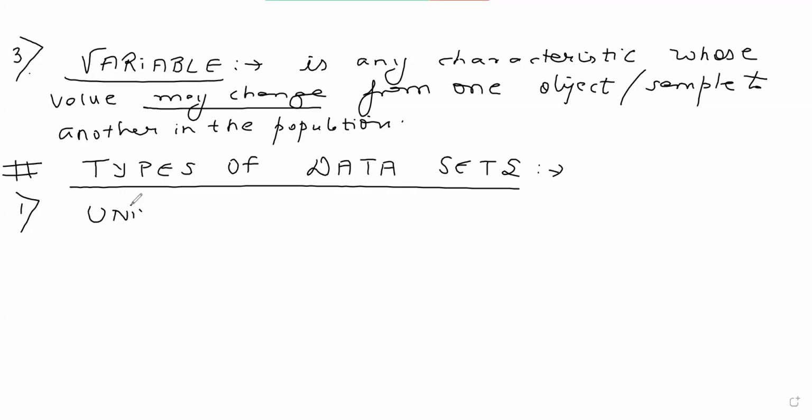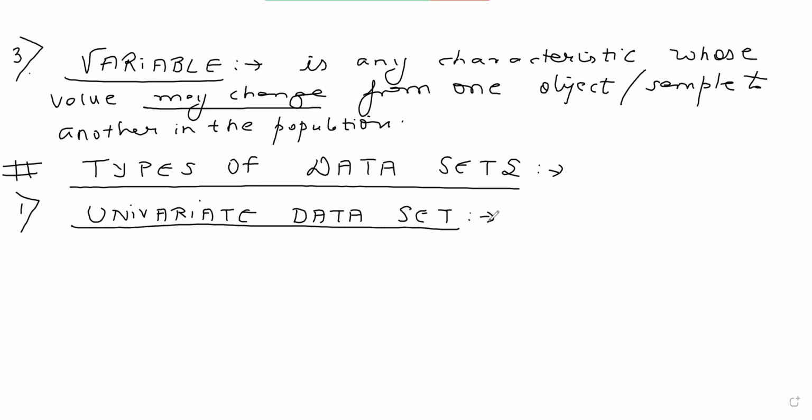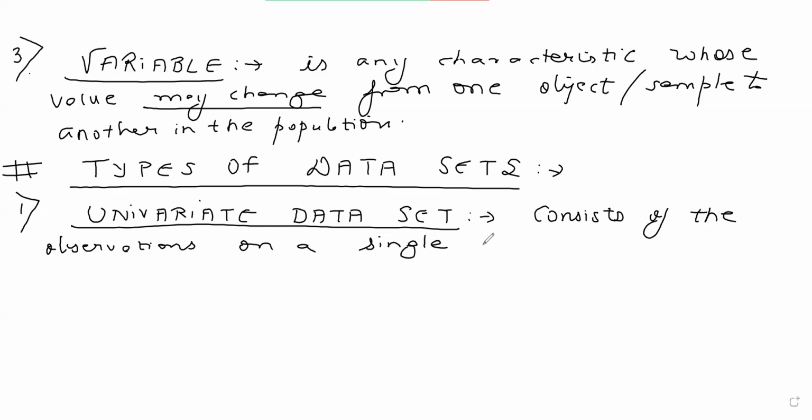So students can write the first type, univariate data set. It consists of the observations on a single variable. That means when we are dealing with only one single variable, it's a univariate data set.